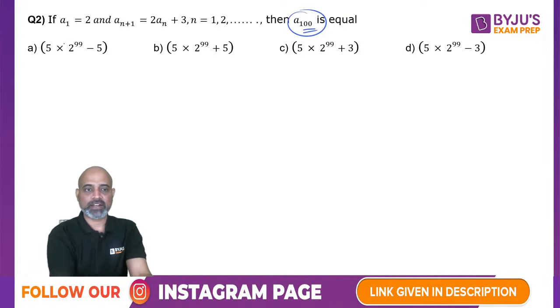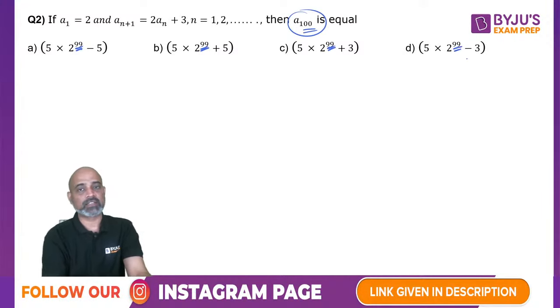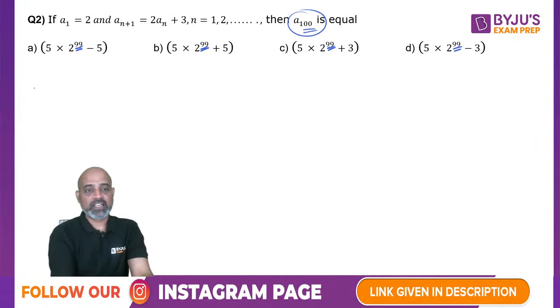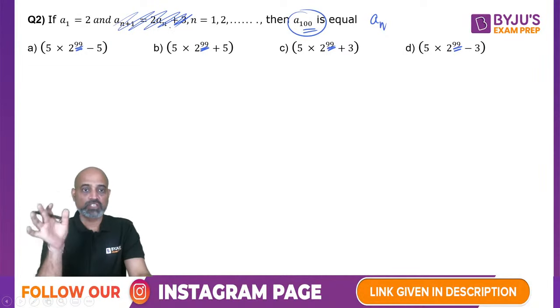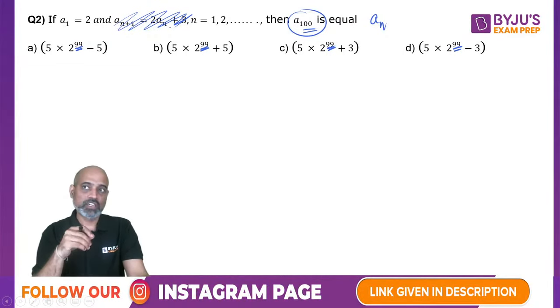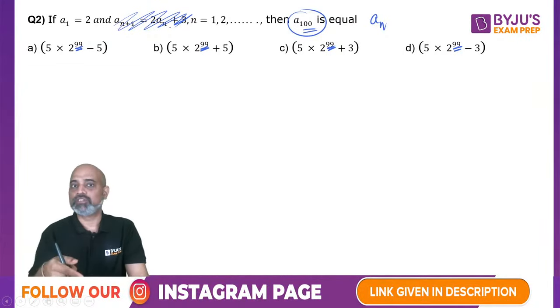If this is 100, this is 99, this is 99, this is 99, this is 99. So if you want to generalize it, can I say A n, don't look at this. This is irrelevant. When you're solving such questions, the formula or pattern generator that they have given us is entirely irrelevant now.